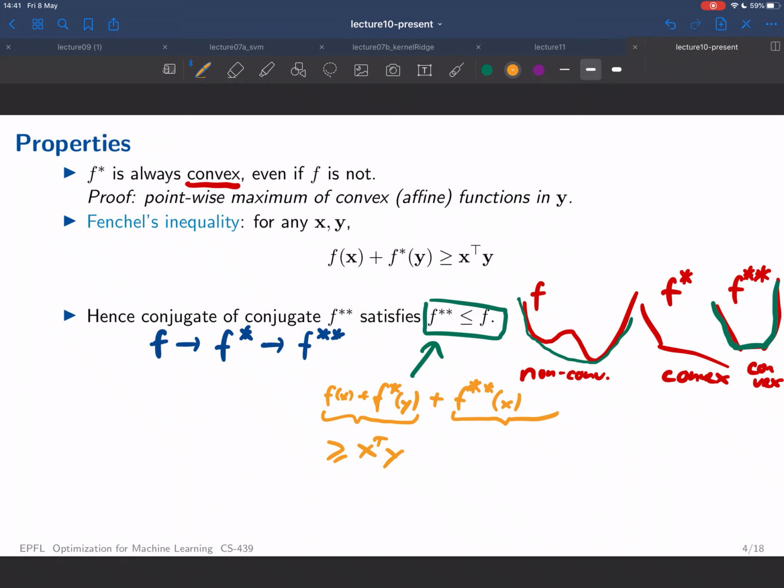I will use the definition here, so maybe I first write the supremum over y of x times y minus f, the original function of y in this case.